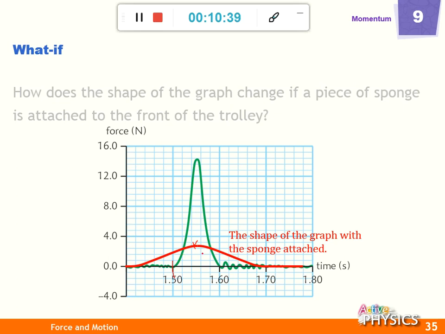Then the red one should be extended to here, like that. So the same starting time 1.5, but using the sponge, the time will be longer. The peak value will be lower. This one is the correct one. This one is the wrong one.